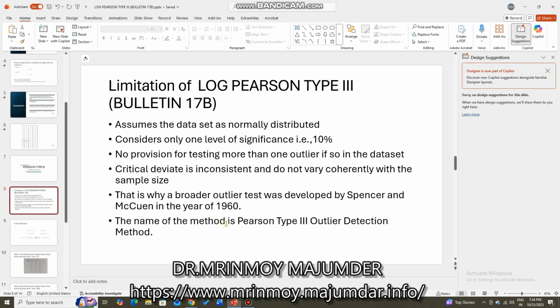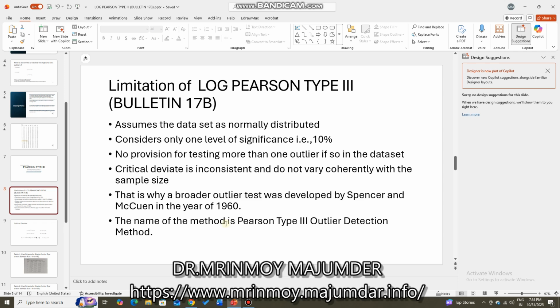Detection method, not the log Pearson type 3 outlier detection method, but all the steps that were followed in the log Pearson type 3 method are followed in this case also.